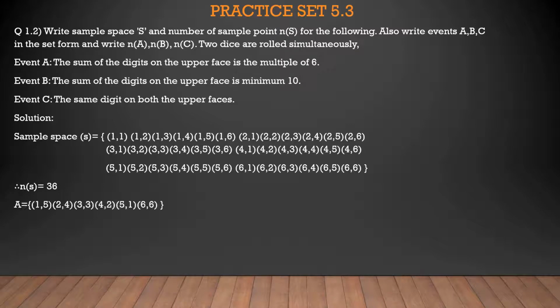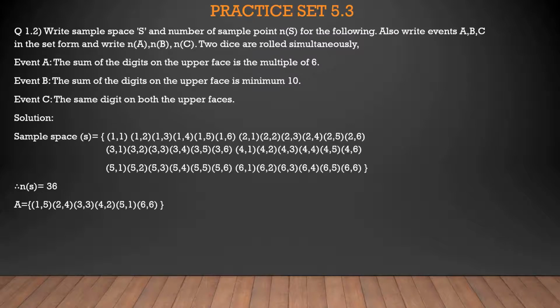For the first event, the sum of the digits on the upper face is a multiple of 6. So (1,5), because 1 plus 5 is 6, and 6 is a multiple of 6. We have taken (2,4) because 2 plus 4 is 6. We have taken (3,3) because 3 plus 3 is 6.